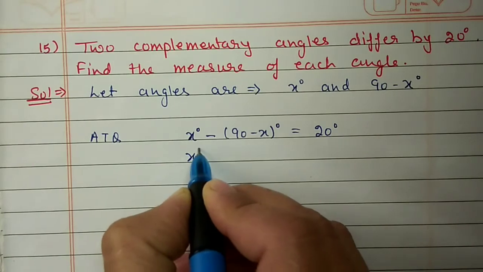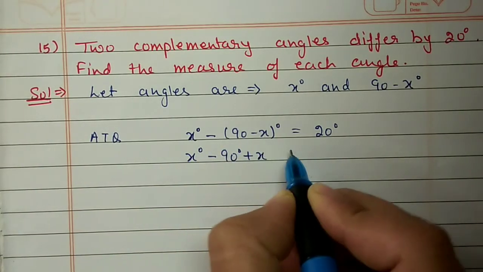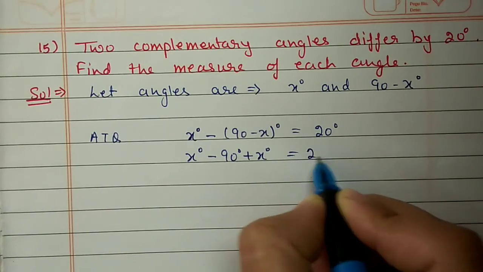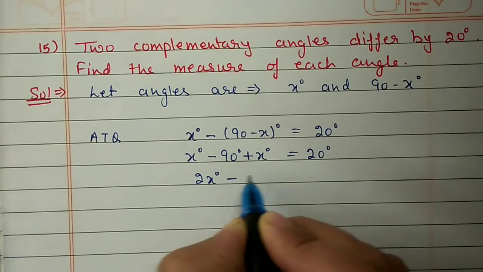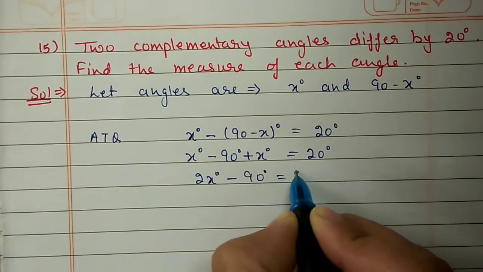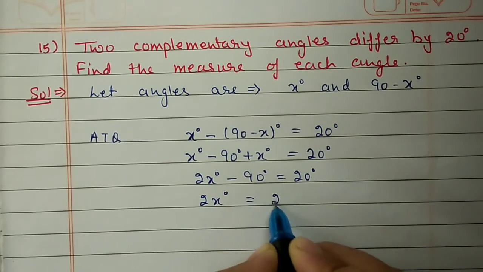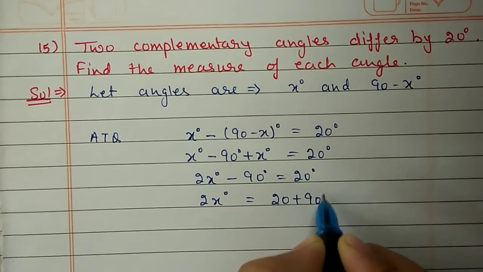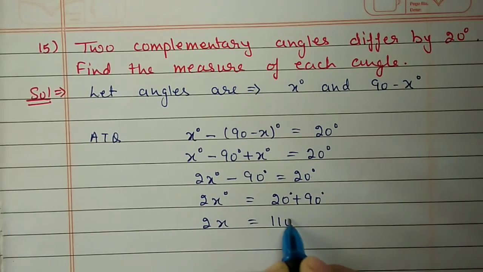Now we can remove the bracket and minus minus will become plus, equal to 20 degree. x plus x will become 2x minus 90 equal to 20. Minus 90 we can shift to the other side, it will go for addition. So we'll get 2x is equal to 110 degree.